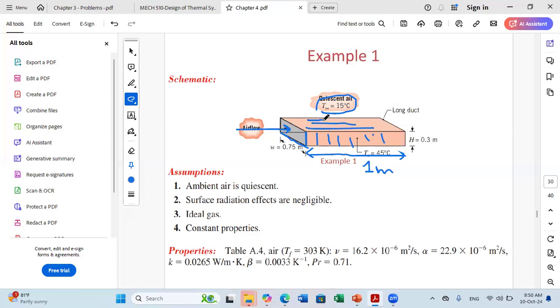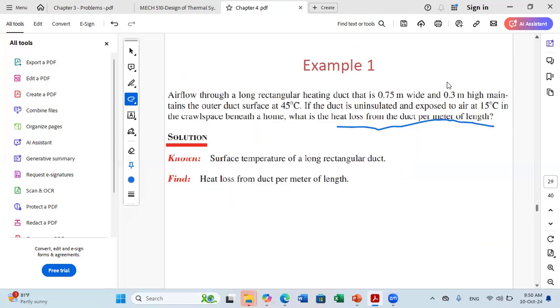We need to consider the heat loss from each surface and add them together. Now they told us in the given that because of the airflow through the duct, the outer duct surface is maintained at 45 degrees. So we are in a case where T surface is given. It's equal to 45 degrees.